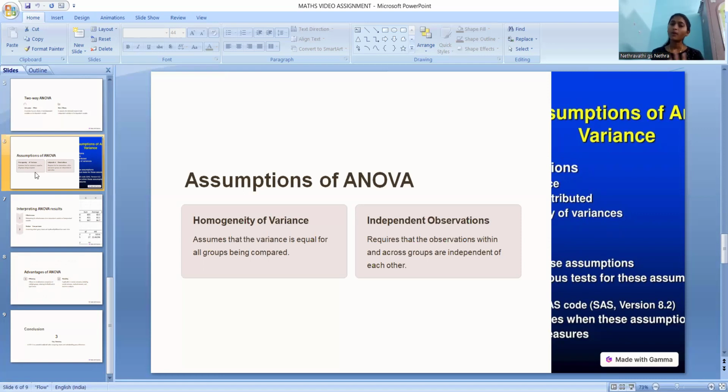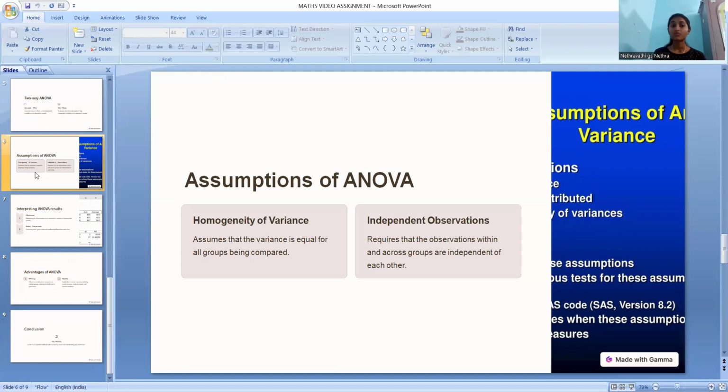When comparing all the variables and groups, we finally come to a conclusion about which variables are significant and which are non-significant, and which are dependent and which are not. So we assume the variance is equal across all the groups being compared. And independent observations requires that the observations within and across the groups are independent of each other.